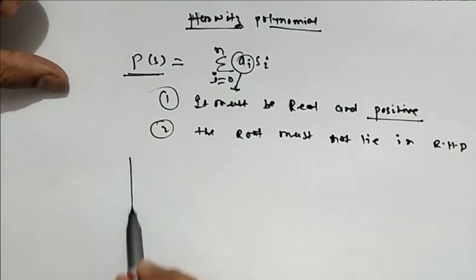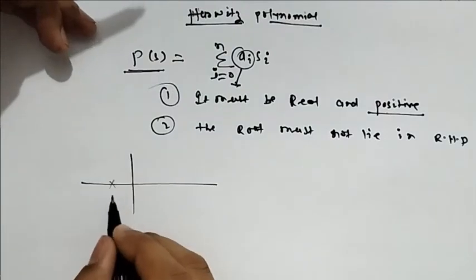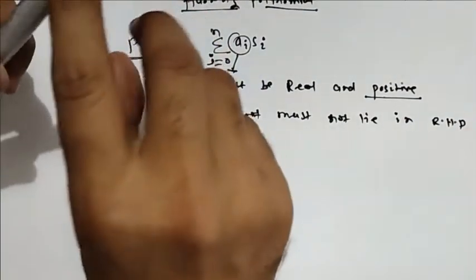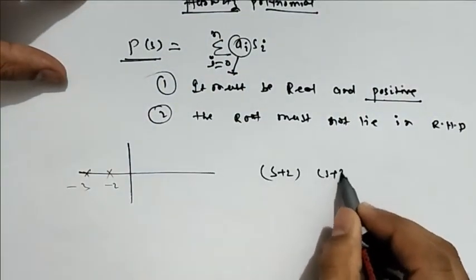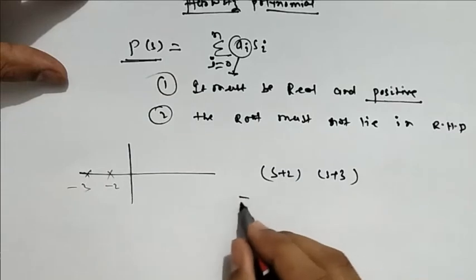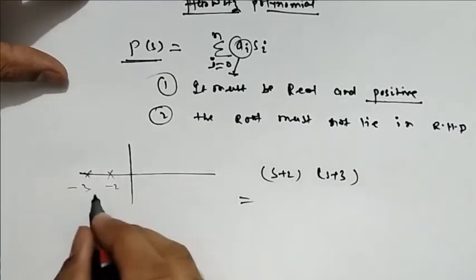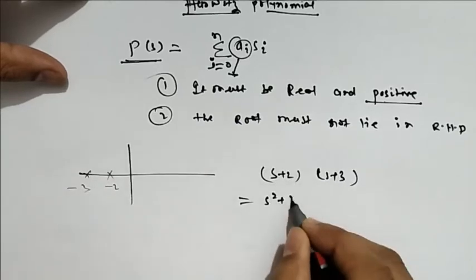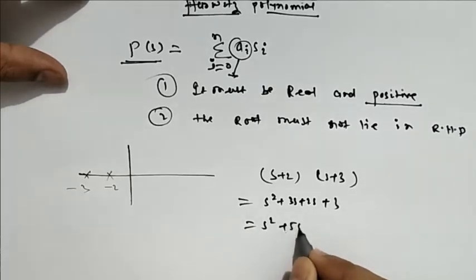Suppose I am taking roots. If the roots lie in the left half of the plane, at -2 and -3, then our equation will be (S plus 2)(S plus 3). If I multiply these two, S square plus 3S plus 2S plus 6, that is S square plus 5S plus 6.